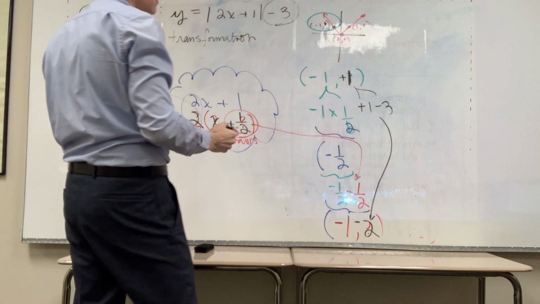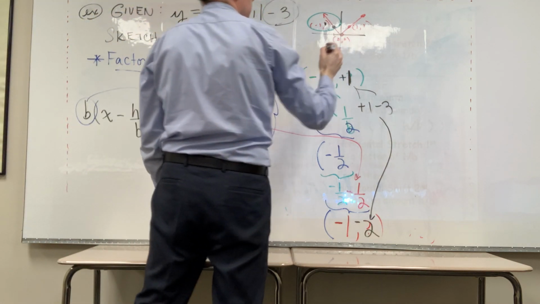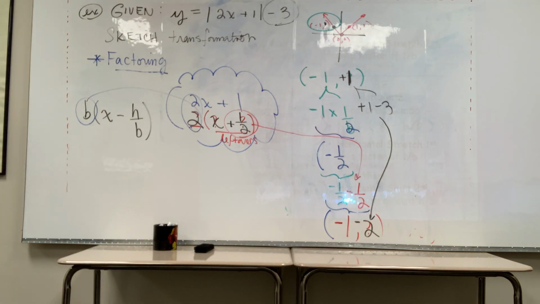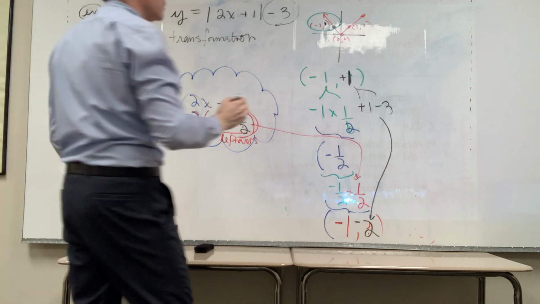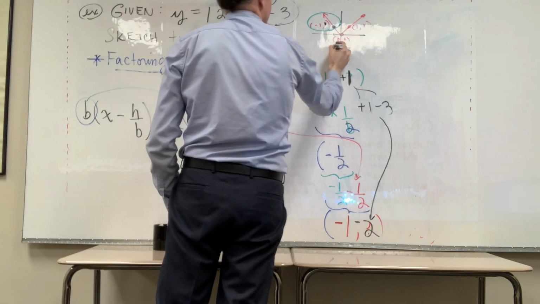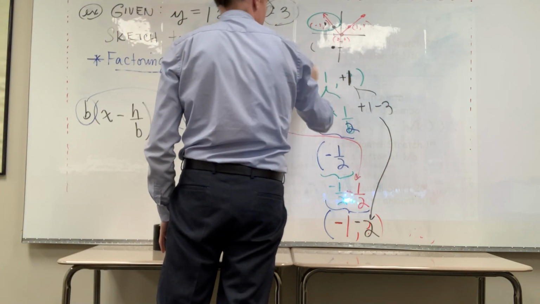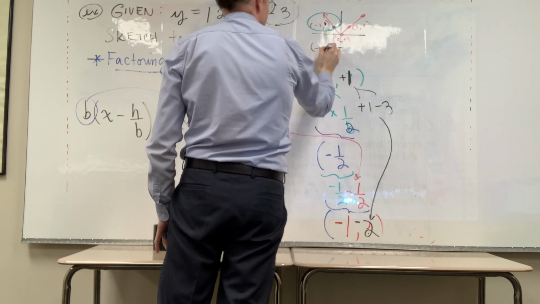So down 2. Is that right? I believe so. Yeah. So we'll confirm with the calculator as an afterthought. We have negative 1, negative 2.